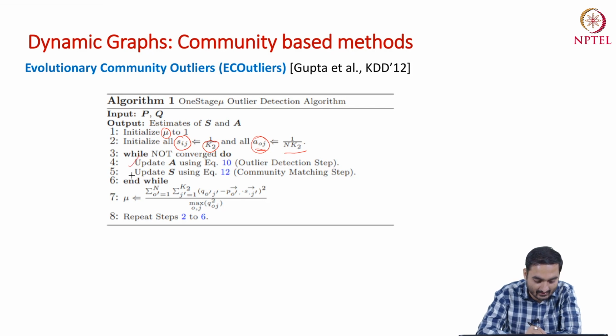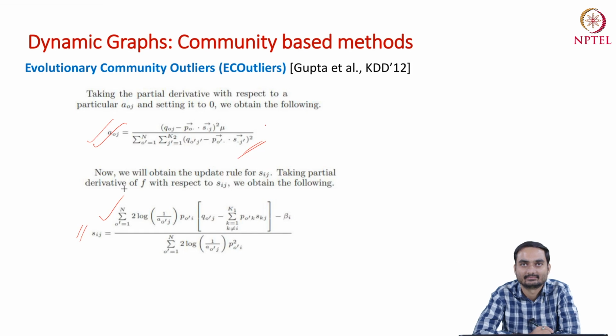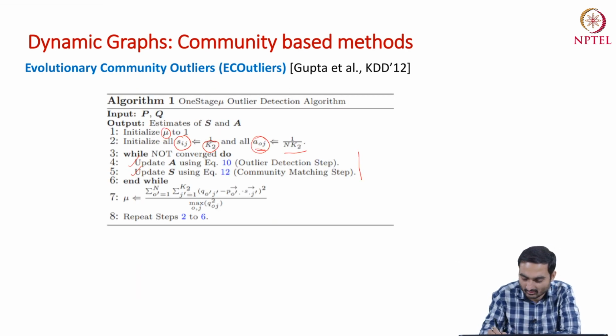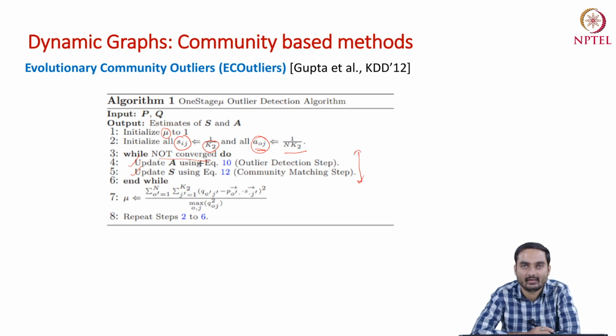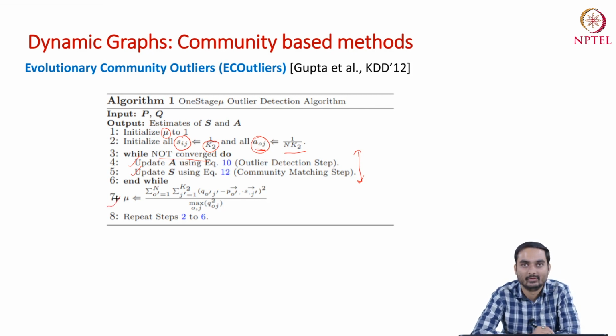Then we update A and S based on these equations, and we keep on doing this until we converge, that is, there is no change of the S matrix and A matrix. Then we update mu.